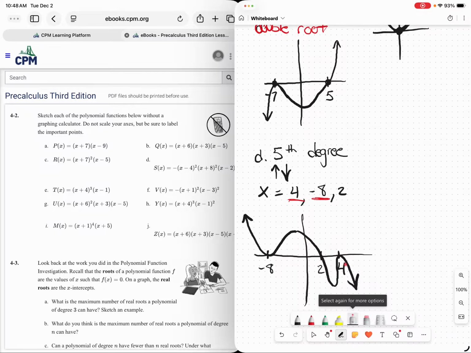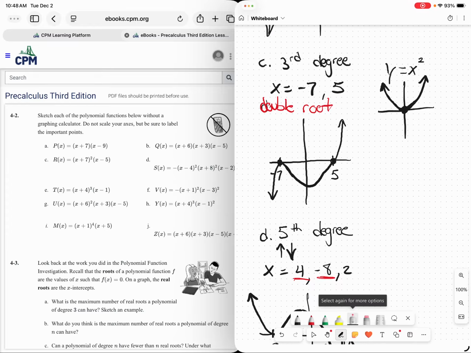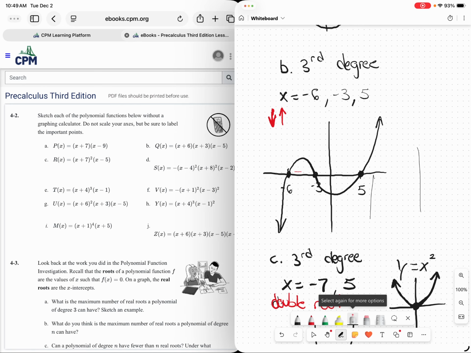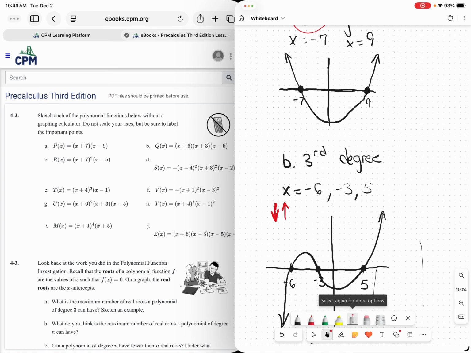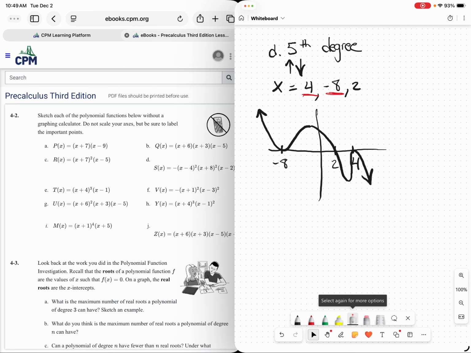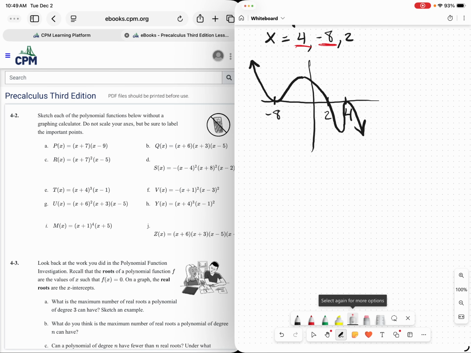So you have 5 possible solutions, 4 curves. And that works all the way back, right? Third degree, 2 curves. Second degree, 1 curve, right? That's another cool part about that.